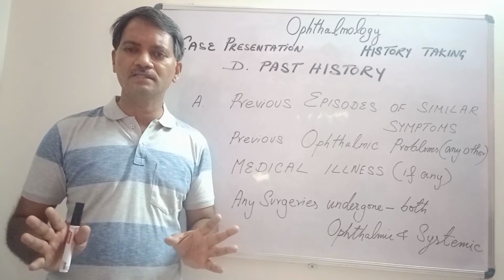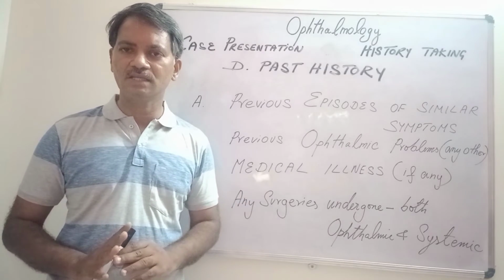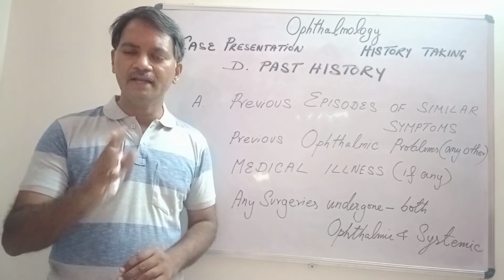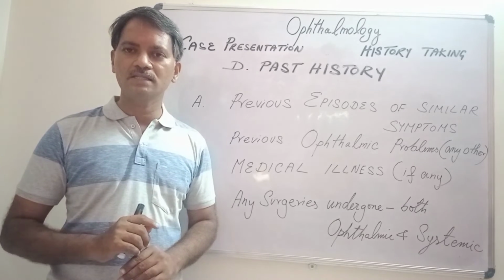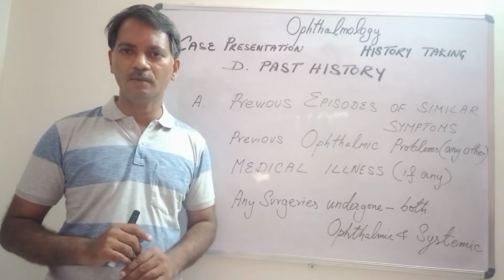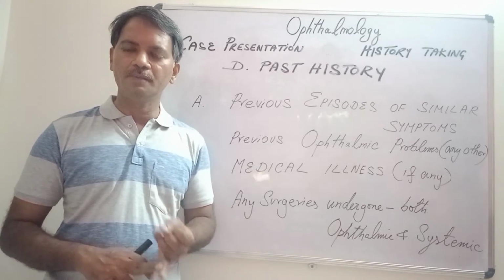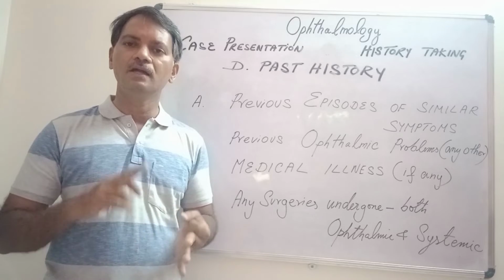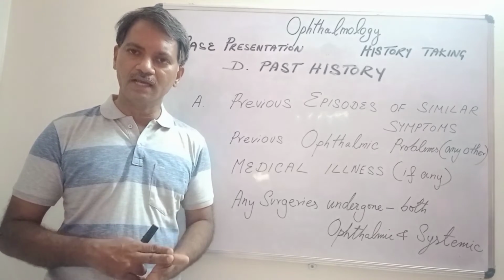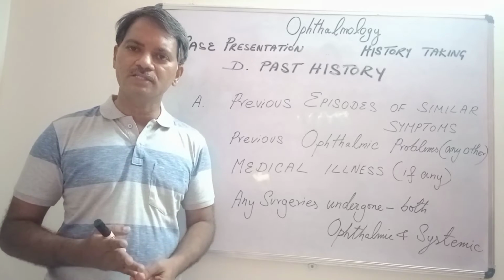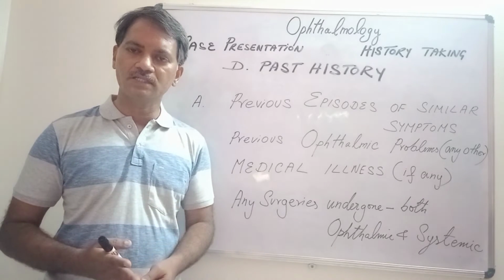Suppose the patient says, I don't have any systemic problems at all. Then you know India is a country where certain diseases are very, very common. Diabetes is very common, hypertension is very common, tuberculosis is common, leprosy is common, bronchial asthma is common, epilepsy is common, myocardial infarction is common.